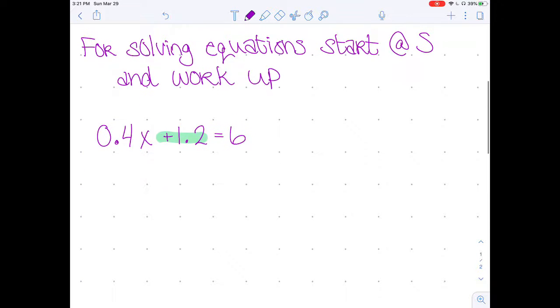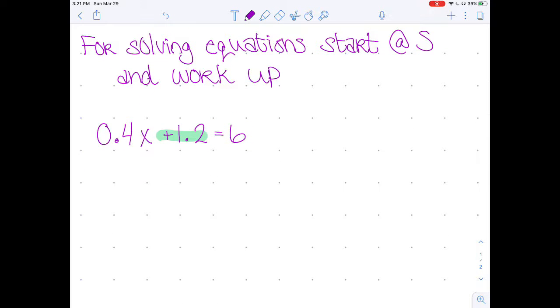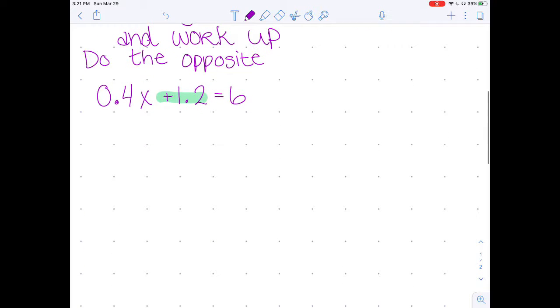And when we solve equations, we do the opposite of what is given. So in this case, instead of adding 1.2, I'm going to subtract 1.2. Since I subtracted it from this side of the equal sign, I have to subtract it from the other side also.